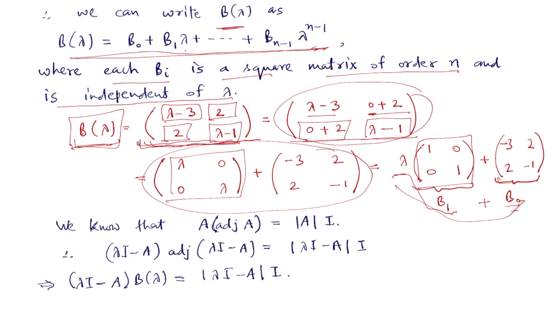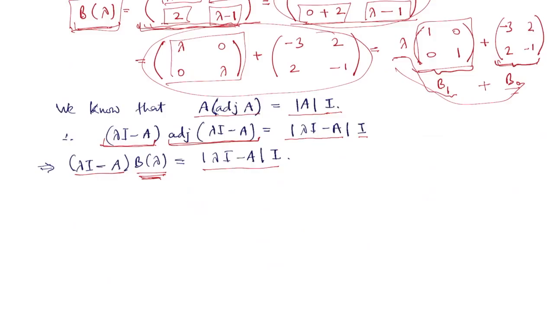Now we know that A into adjoint of A is equal to determinant A times the identity matrix. Therefore, using this result, we can say that (lambda I minus A) into adjoint of (lambda I minus A) is equal to determinant of (lambda I minus A) times I. Lambda I minus A is as it is, and adjoint of (lambda I minus A) is B(lambda). Right hand side is as it is. Now we shall put the value of B(lambda) here.